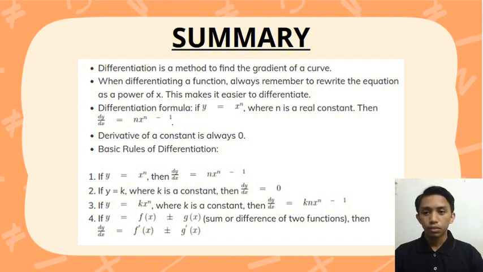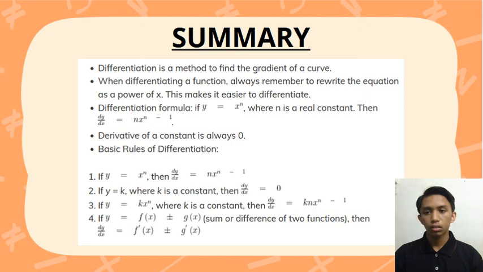Summary. Differentiation is a method to find the gradient of a curve. When differentiating a function, always remember to rewrite the equation as a power of x. This makes it easier to differentiate.